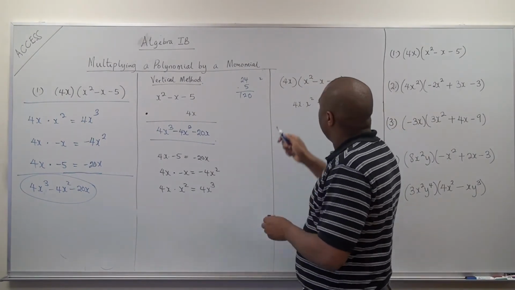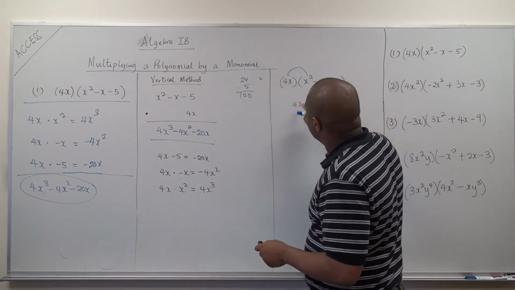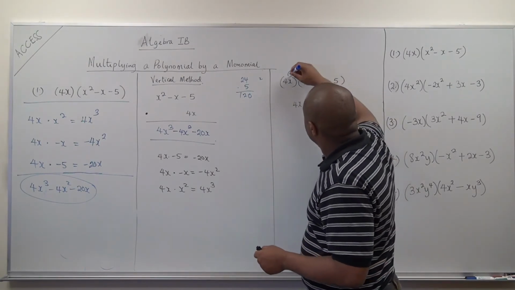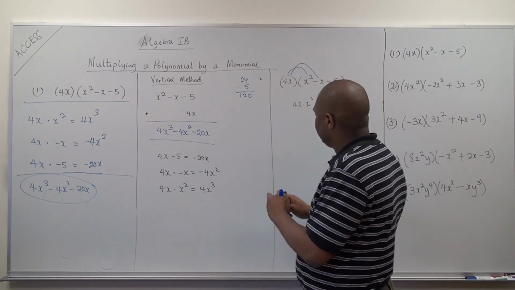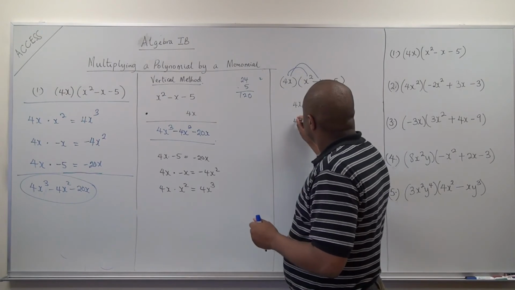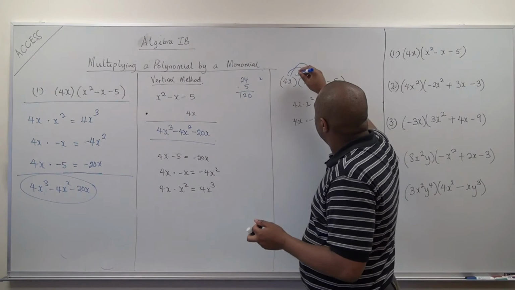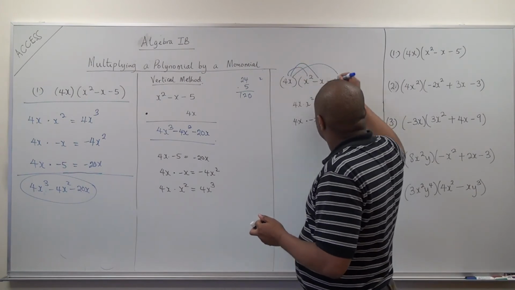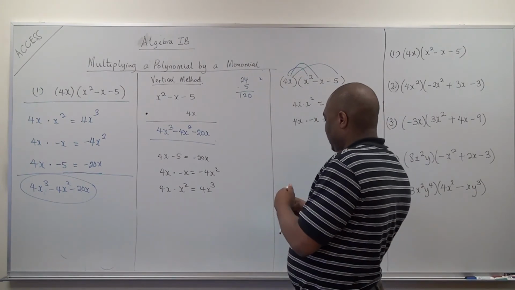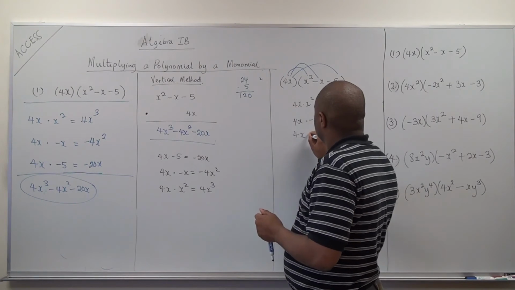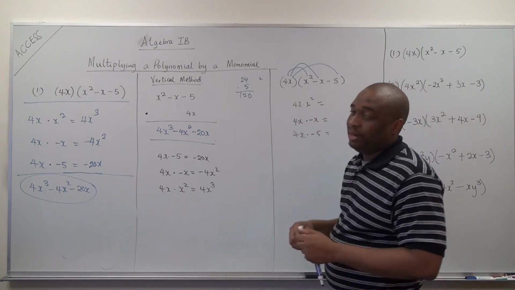So they might do this first, 4x times x squared, right? Then they do this again, 4x times negative x, and then again, 4x times negative 5. And they write it like this.